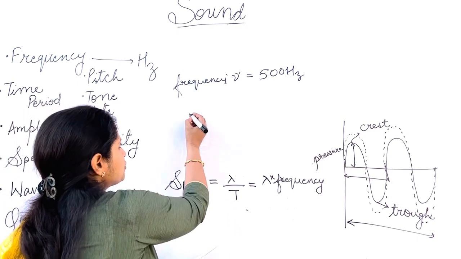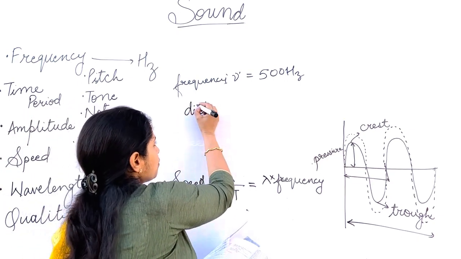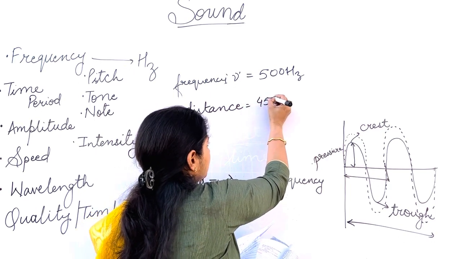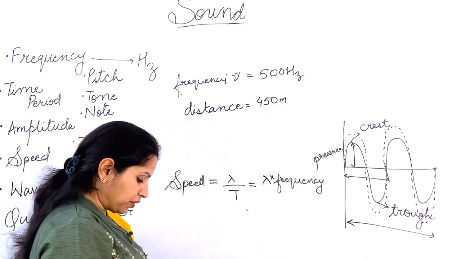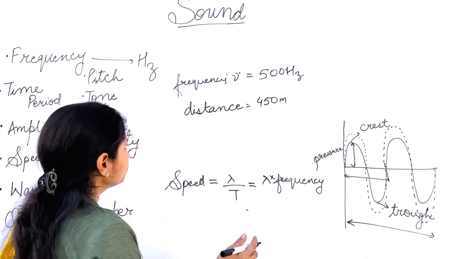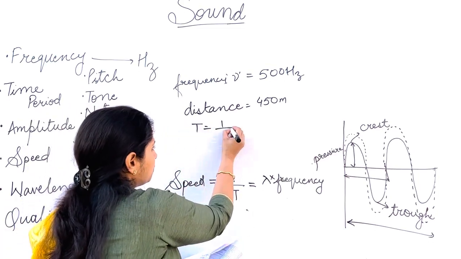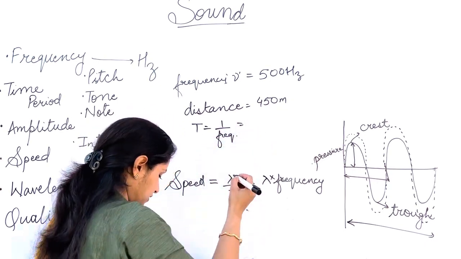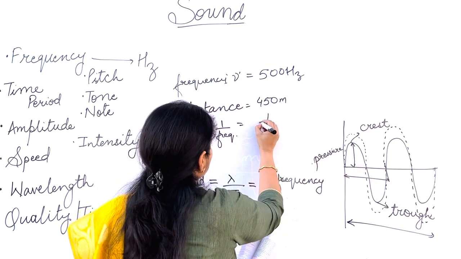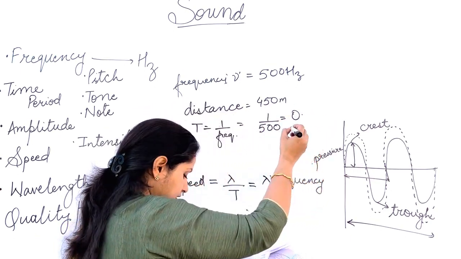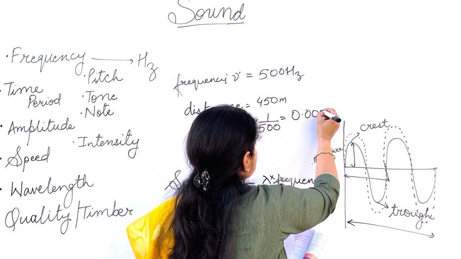The distance of the person is 450 meters, and you are asked to calculate the time period. You know that time period is 1 upon frequency, that is equal to 1 upon 500, and that will make it 0.002 seconds.